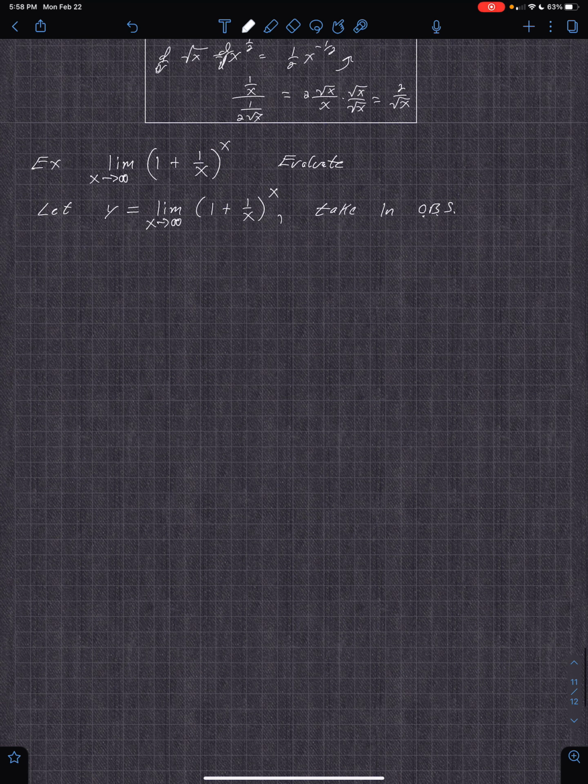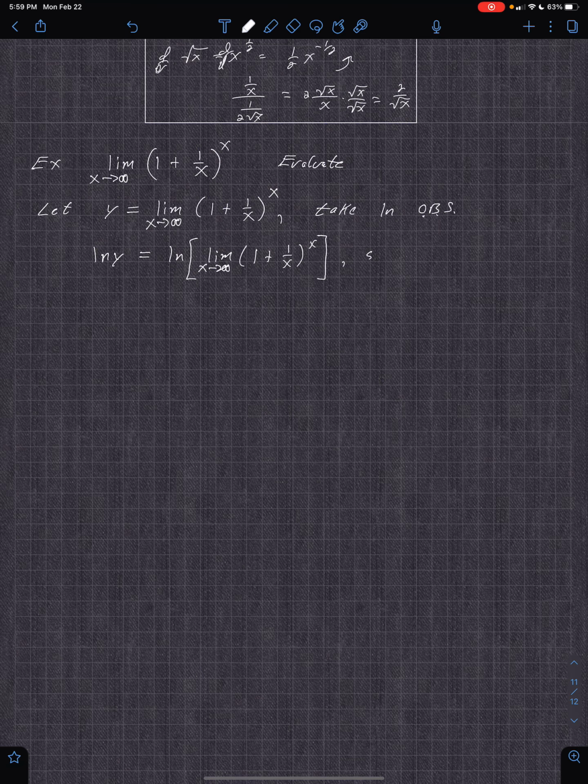So it's basically logarithmic values. Now you have to probably argue that this is positive. You're approaching positive infinity, so all those values are positive. And so the domain of a natural log is positive, so this is all cool to do. So it's worth mentioning. So you do this, and then it's the natural log of this limit as x approaches infinity of 1 plus 1 over x to the x.